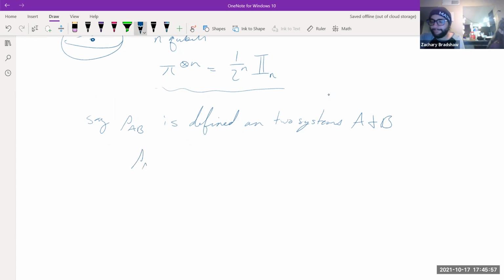But we can define the state on the subsystem A exactly by taking a partial trace over all the systems that we don't have. And why would we want to do this? Well, maybe you're only Alice.